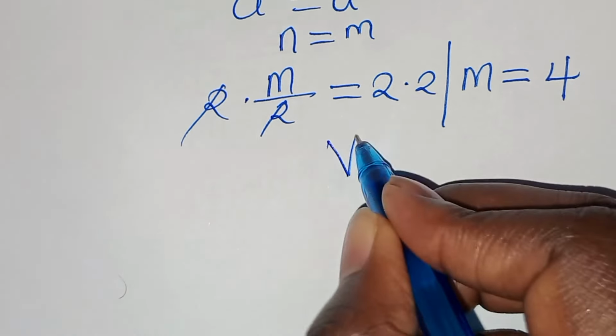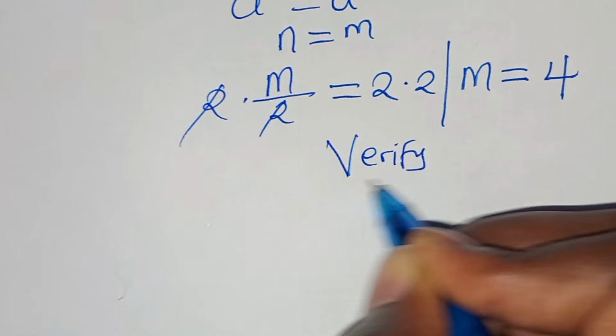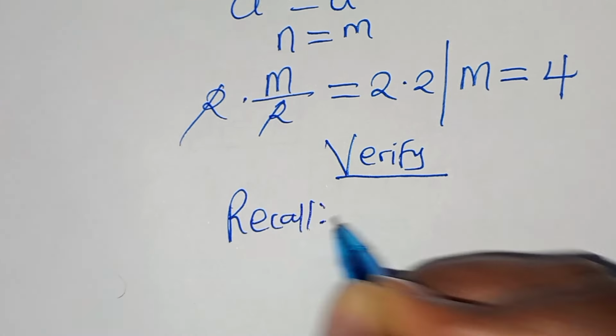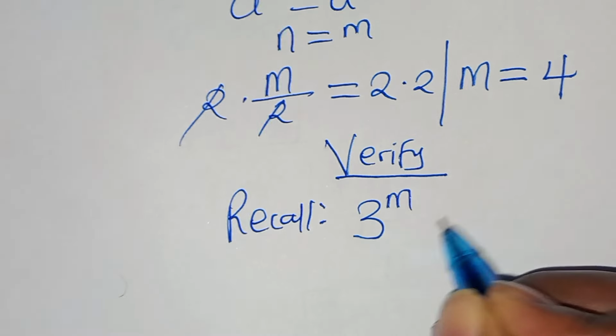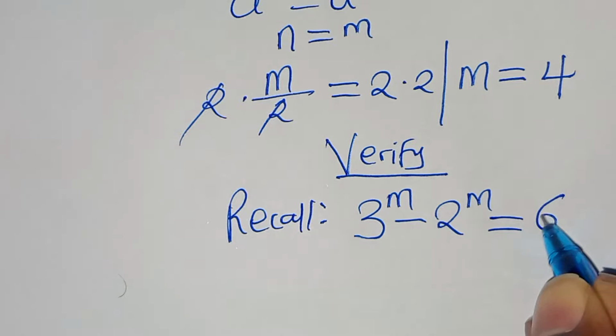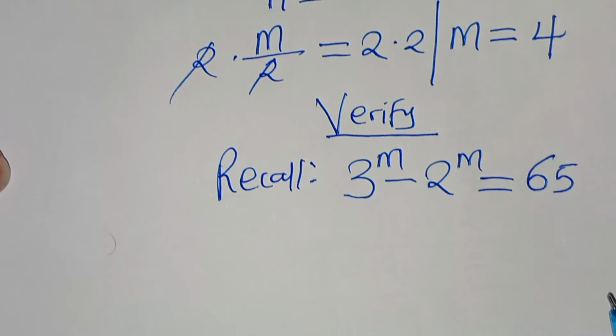So let's verify here. Now, if you recall, we have that 3 to the power of m minus 2 to the power of m is supposed to give us a value of 65.